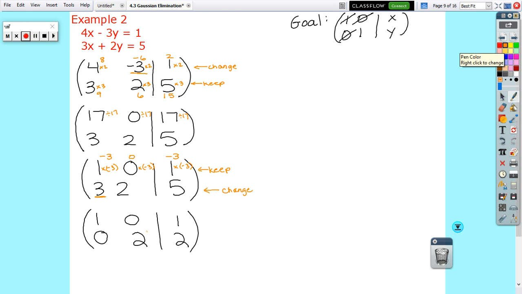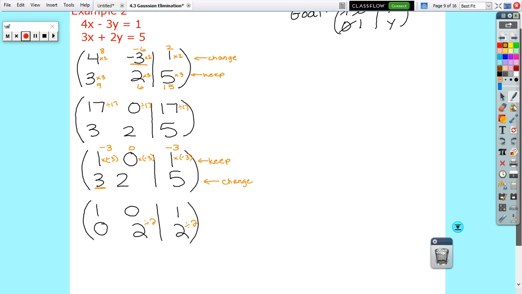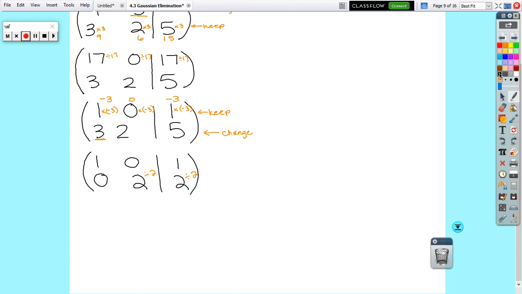So all we have to do with this row is divide everything by whatever is in this position. So divide by 2 here, divide by 2 here. Again, the top row is not changing, it's just the bottom row. So we would have 1, 0, 1, and 0, 1, 1.